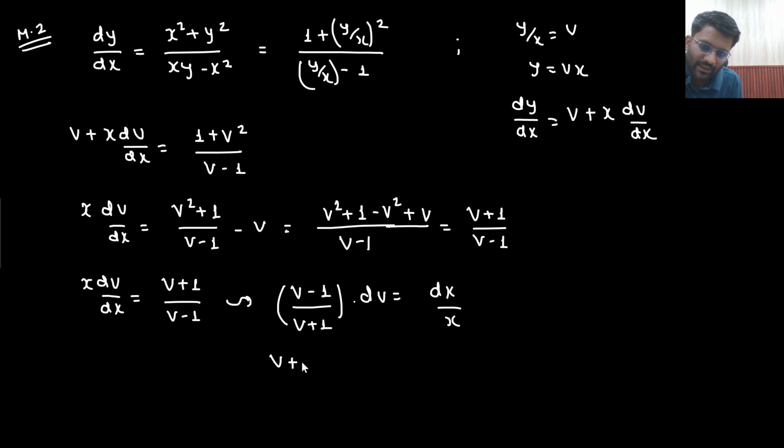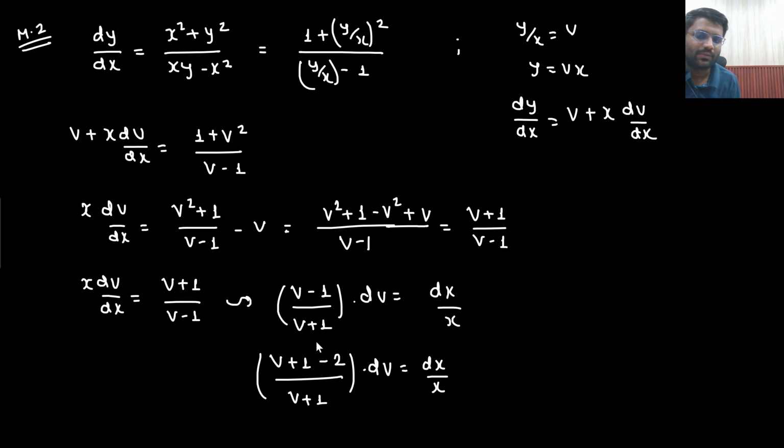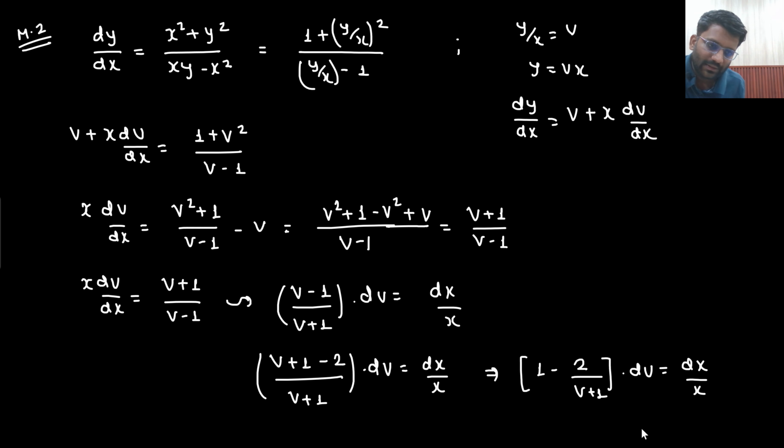We can write it as (v plus 1 minus 2) upon (v plus 1) dv equals dx by x. So what is the answer you are getting? (1 minus 2 upon v plus 1) dv equals dx by x. Both sides you integrate.